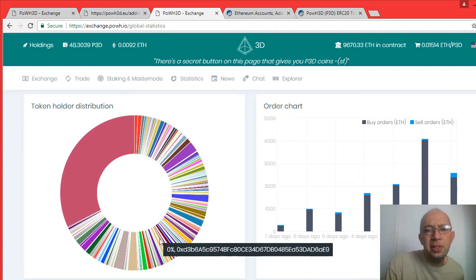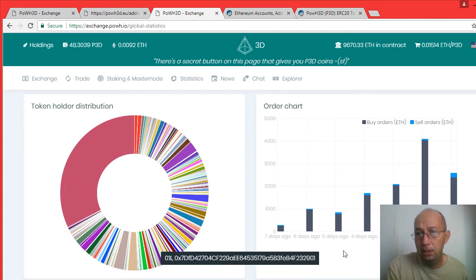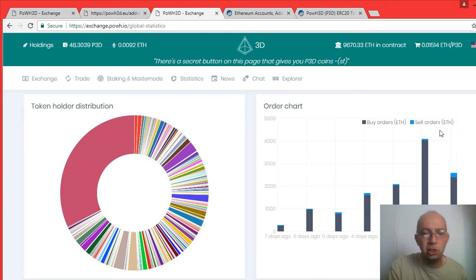But even if all the developers, which there's only about 6, and they didn't get any coin issued to them, they had to buy their coin like everyone else, even if they sold, it might drop the price about 8%. And then it would just continue running on without them, because this is out of their hands. They can't control this. They couldn't stop it any more than we could, any more than anyone could. There's nothing you can do to stop this contract.